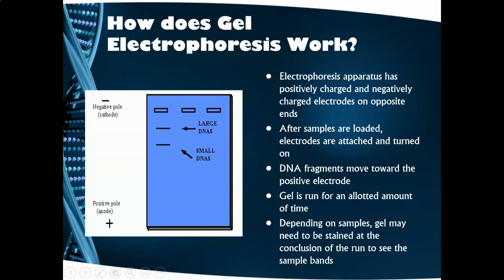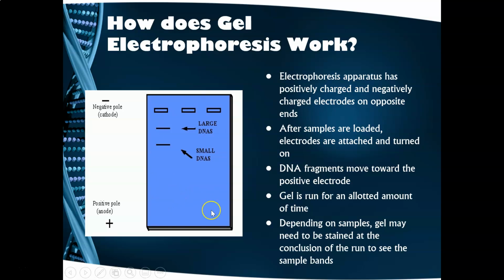While I'm on the idea of those charges, if I were to put some other molecule in there, say maybe a protein or some sort of dye or anything else, if it's not negatively charged, then I have to be aware of which direction I had put those wells. So if I were to put a protein in here that had an overall positive charge, then I wouldn't want to put it here because what's going to happen is it's going to push it this direction and you're going to end up pushing it out into that buffer solution, basically water and kind of soap, back this direction, and I'd never be able to see any result.